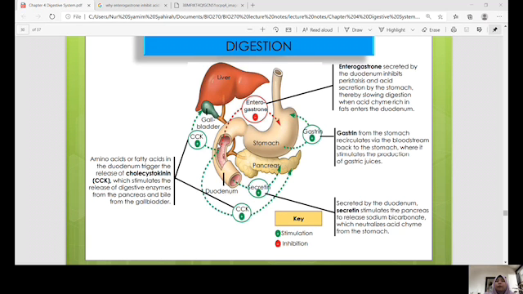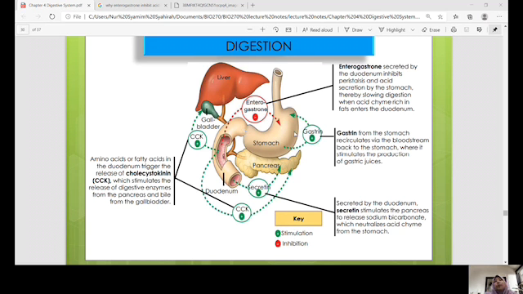So this is your duodenum, right after the stomach, the first part of the small intestine. This enterogastrone will inhibit peristalsis and acid secretion by the stomach, thereby slowing digestion when acid chyme rich in fat enters the duodenum.